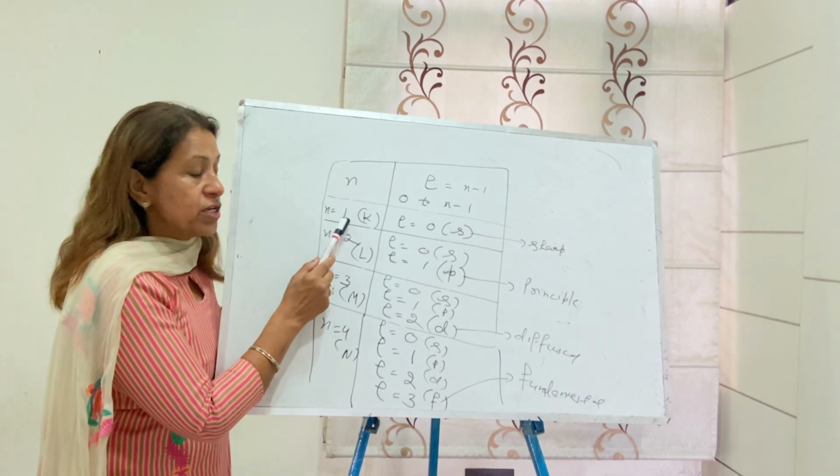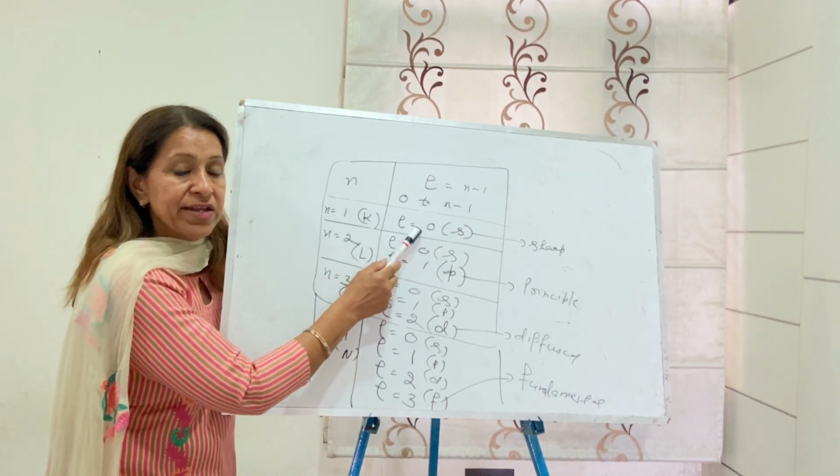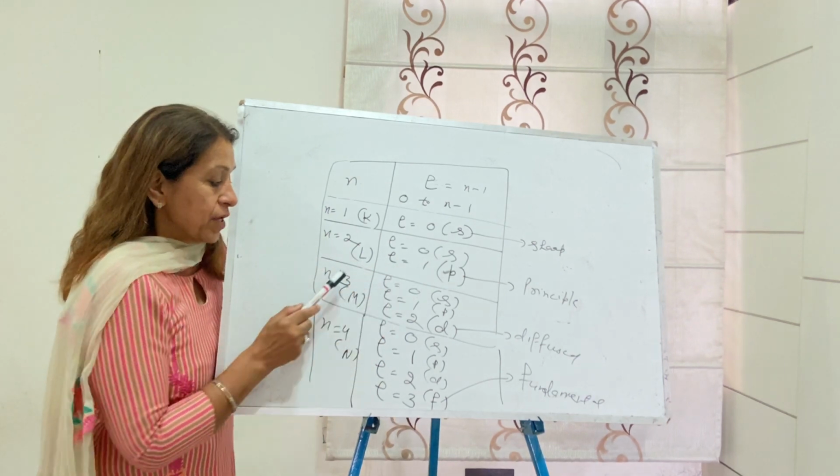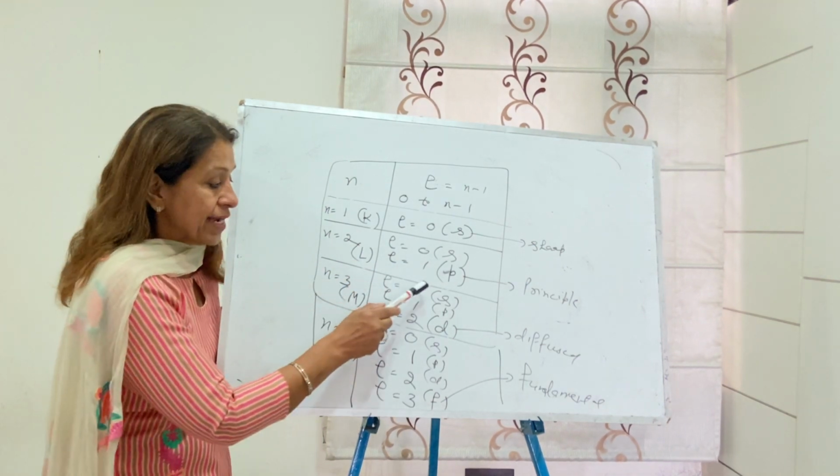If the city number is 1, there is only 1 sector, a very small city. If it is 2, sectors are 2. If it is 3, sectors are 3.